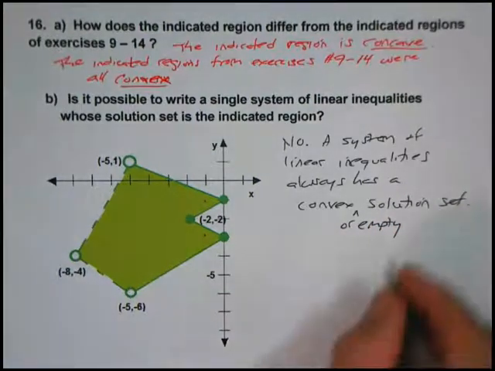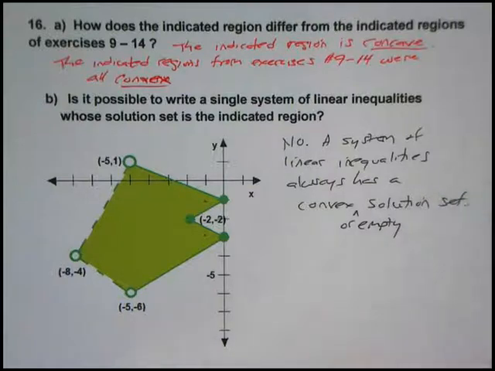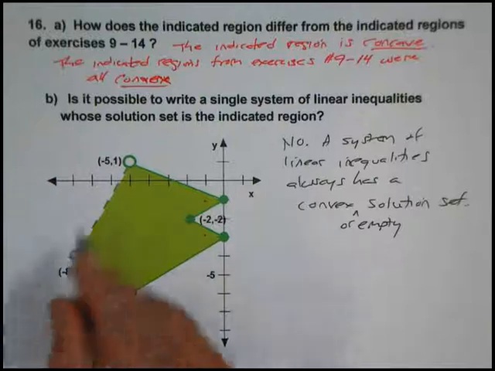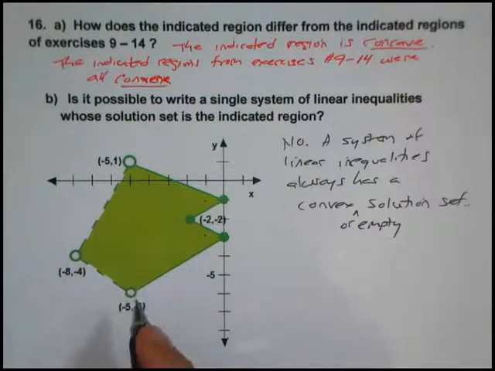Just to elaborate a little further, if you were really intent on describing this with inequalities, you could divide this into a couple of regions, each of which is convex, and proceed from there.